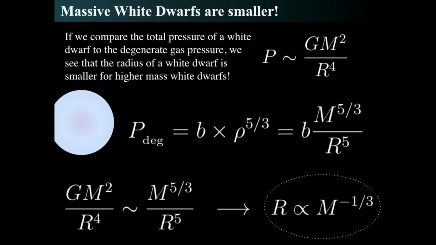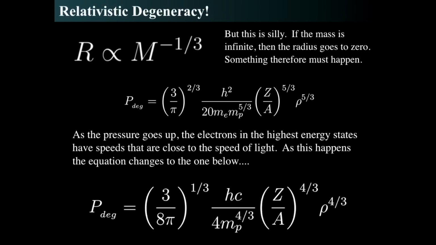So something 1,000 times more massive will be 10 times smaller in radius. That's crazy, but that's what happens with the degenerate gas, and that's what happens with white dwarfs. So the more massive they are, the smaller they are.